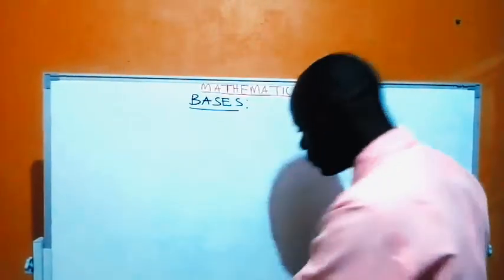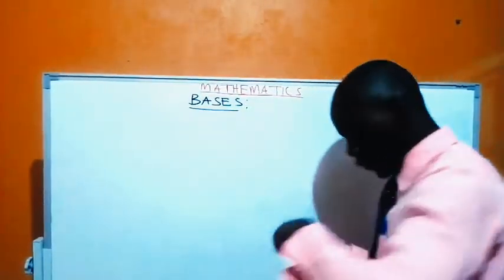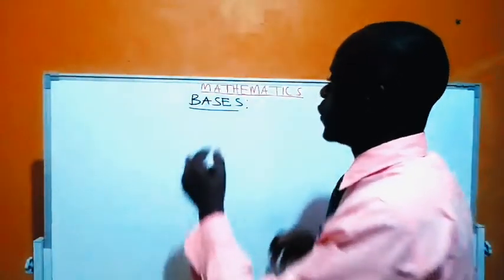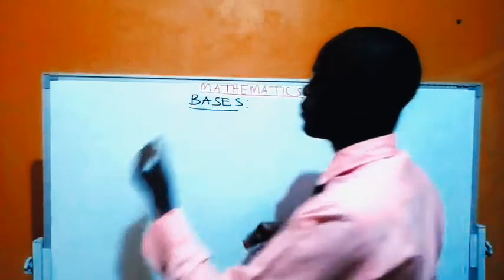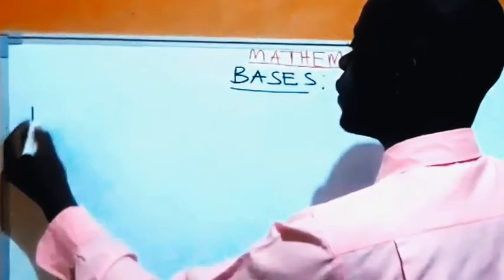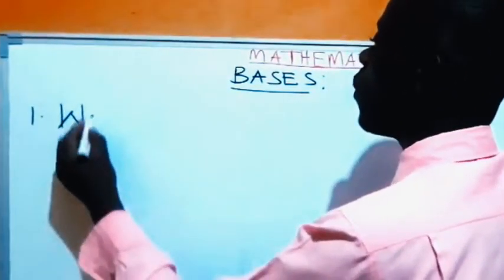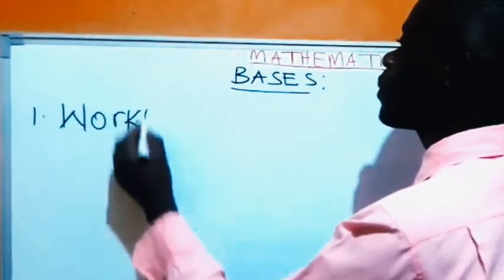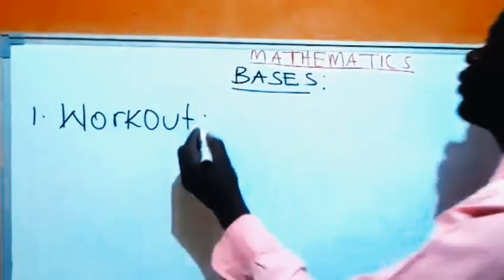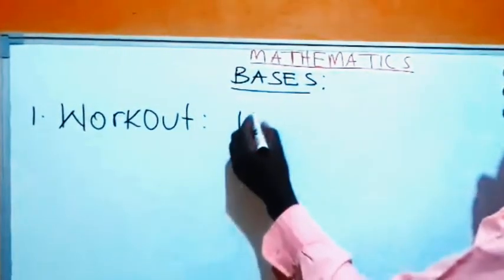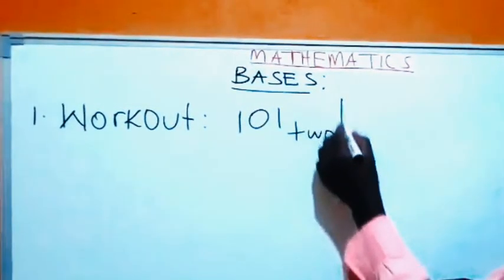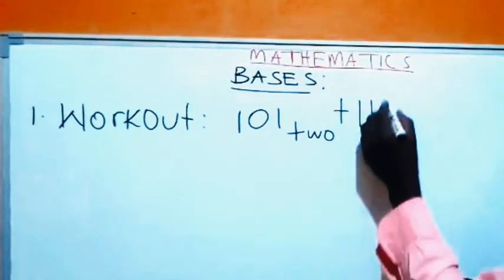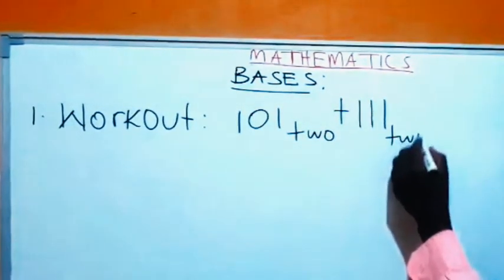For example, let us look at some addition in base 2. We shall look at very many, but let us look at base 2. For example, if they say work out 101 base 2 plus 111 base 2.